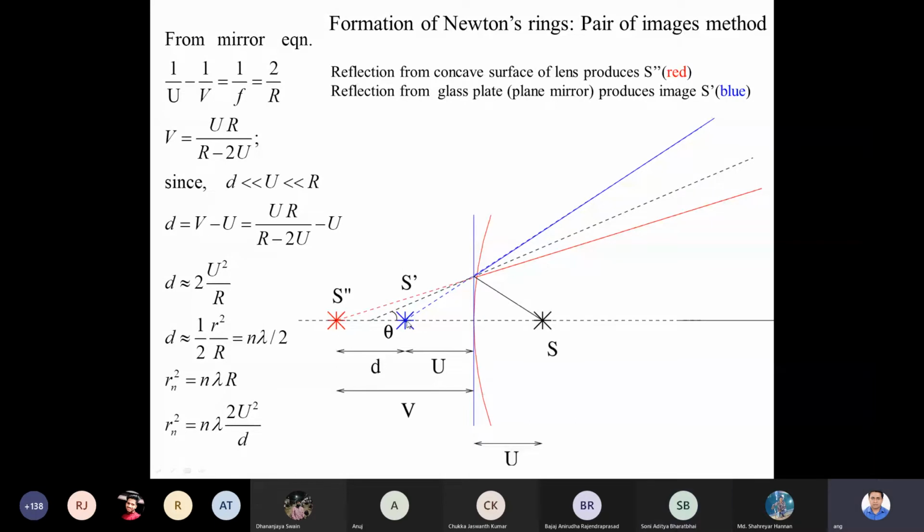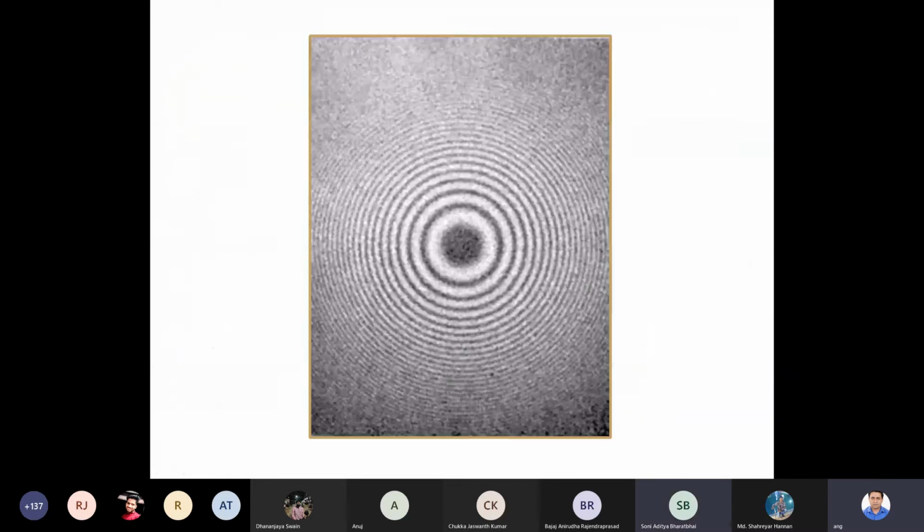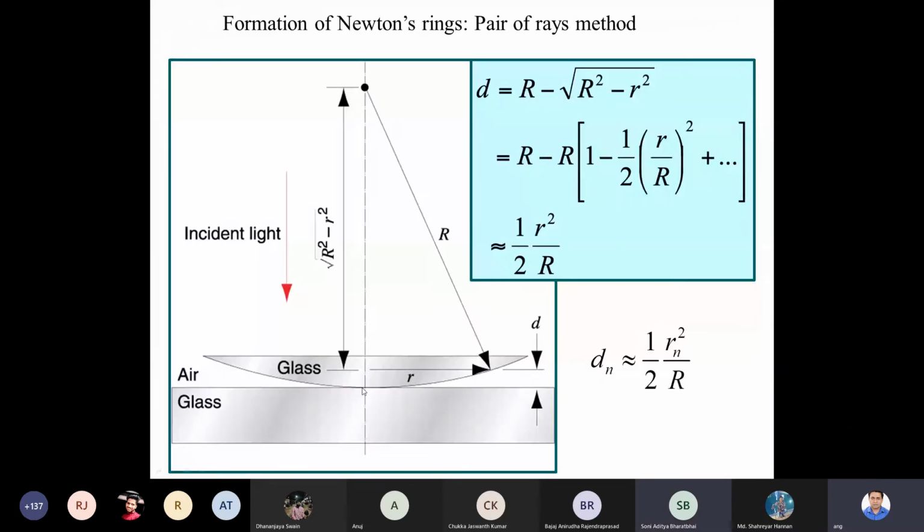These two will merge. So this d is variable. This is just a realization of the same setup; we are just realizing it through a mirror.